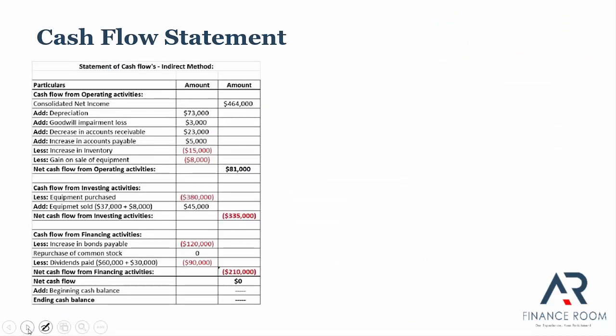Yes, that's the format of the cash flow statement now. You start with the net income, you add back depreciation and all the non-cash expenses. Then these are the working capital changes.